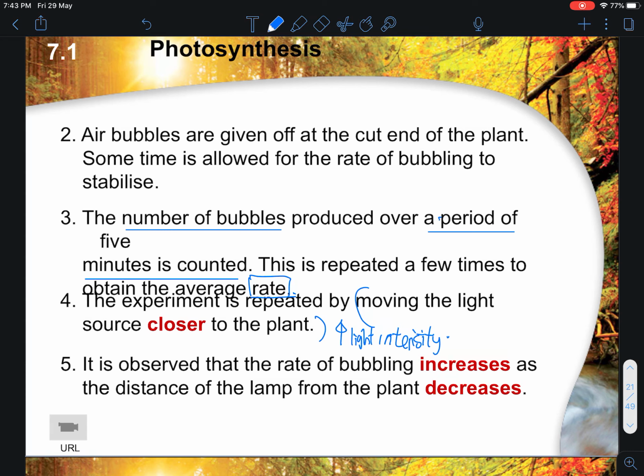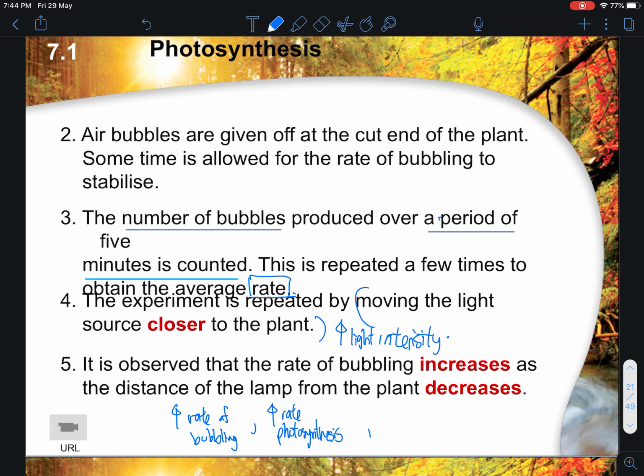And it is then observed that the rate of bubbling will increase as the distance of the lamp from the plant decreases. Now what does this mean? If you want to apply your concept, the rate of bubbling increasing could infer that the rate of photosynthesis increases.